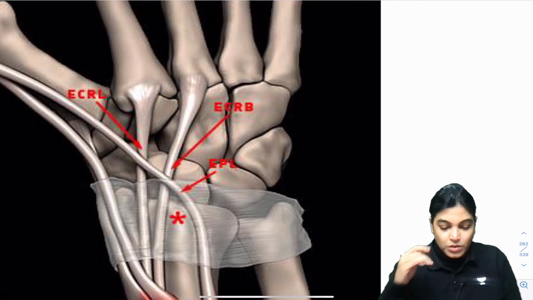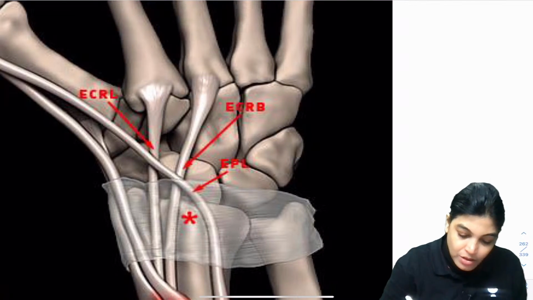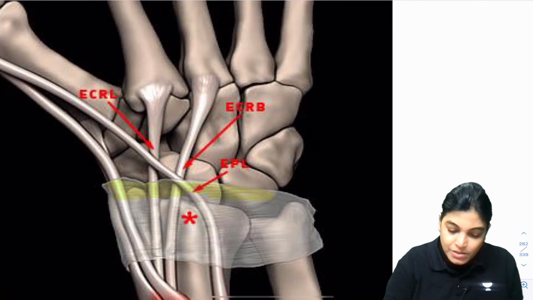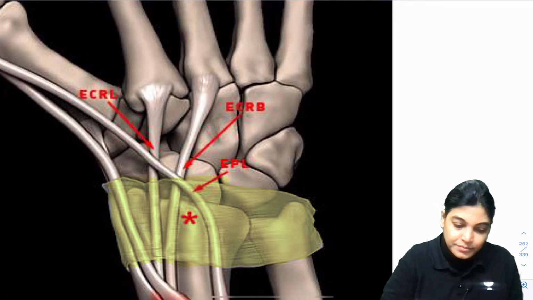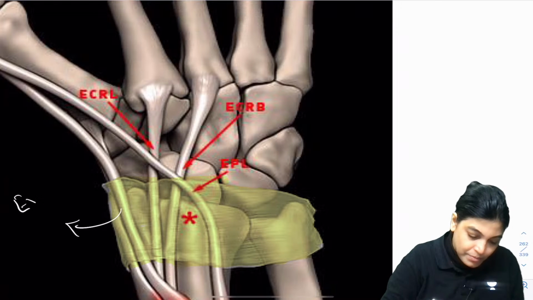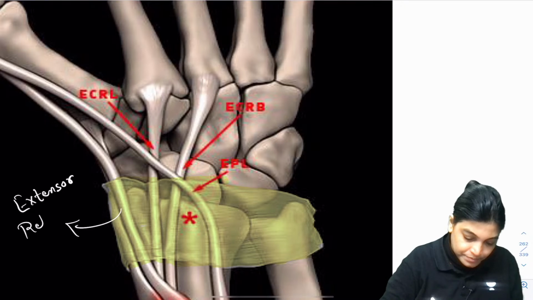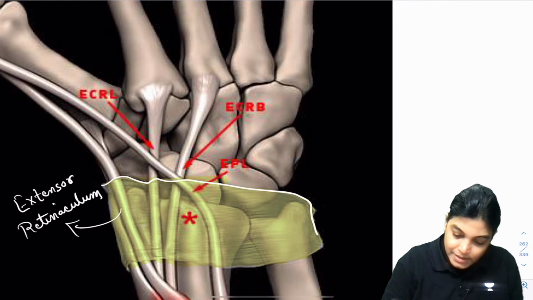Now the next image which I want to share with you, let me slightly enlarge it. This is a beautiful diagram. Why? Because this fibrous structure which you are seeing here is the extensor retinaculum.